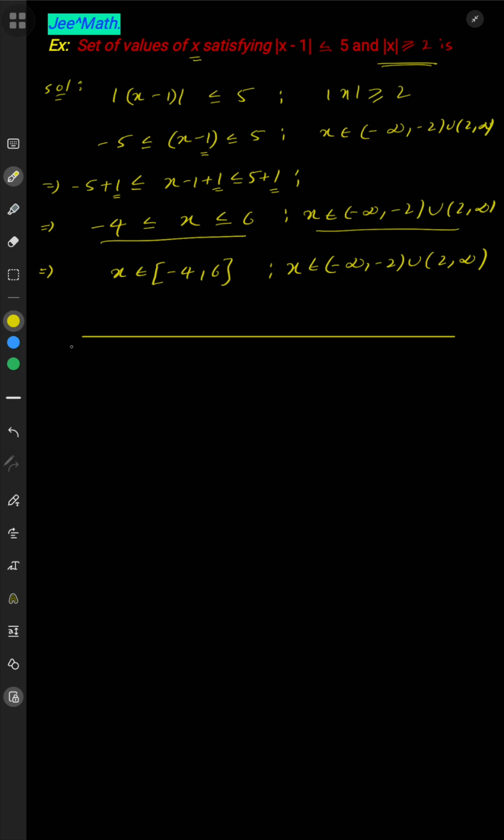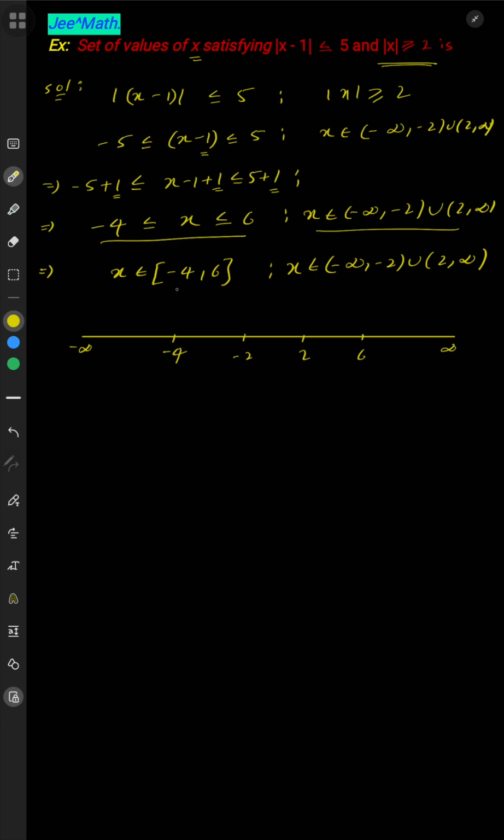So on the real line, you need to represent minus infinity first. The lesser of all these numbers is −4. After that −2, next 2, next 6, and at last infinity.